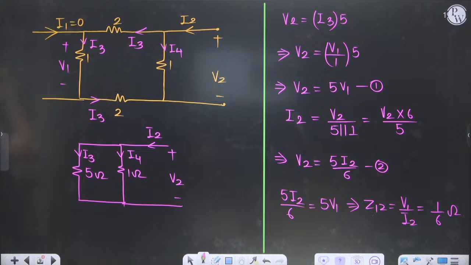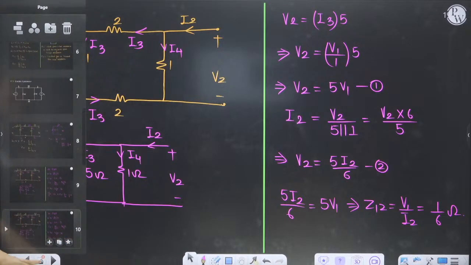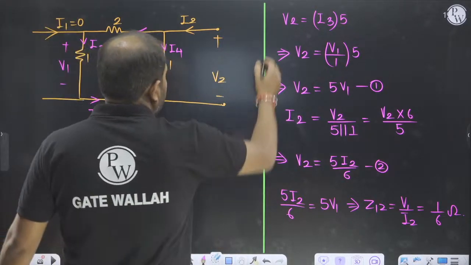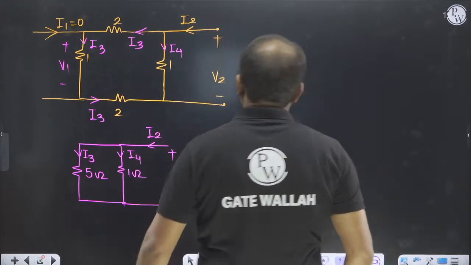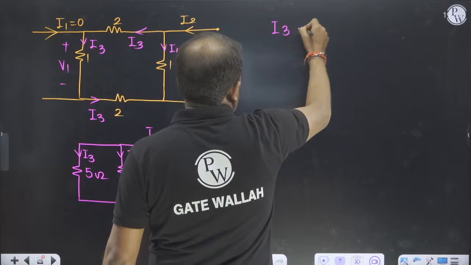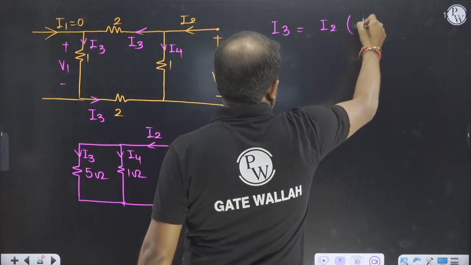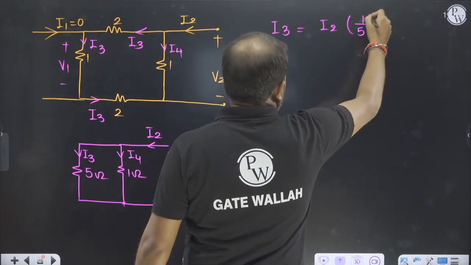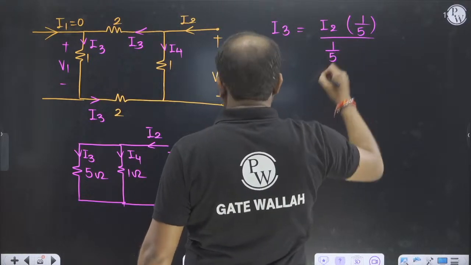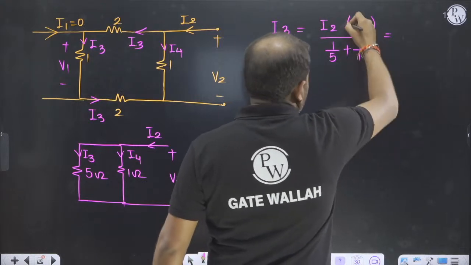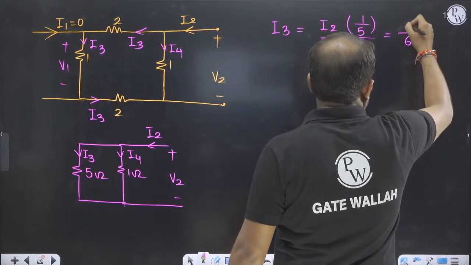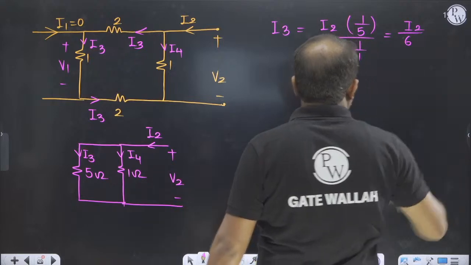Or we can find it out easily in a second way: just current division. So I3 is equal to the total current I2 divided by 1 by 5 and 1 by 5 plus 1 by 1, so it will be I2 divided by 6.